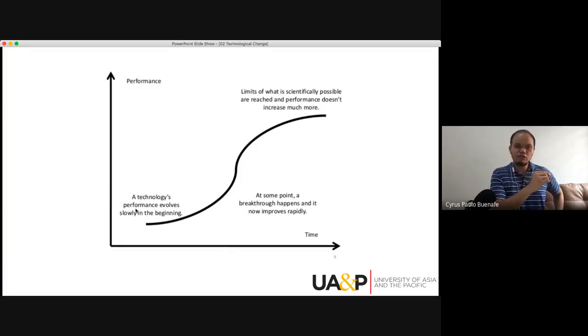You're spending a lot of time, and yet the performance added in terms of improvements is not comparable to the amount of time, or even effort. You can even consider this dimension also as effort. It doesn't seem comparable. It's a slow, gradual rise.